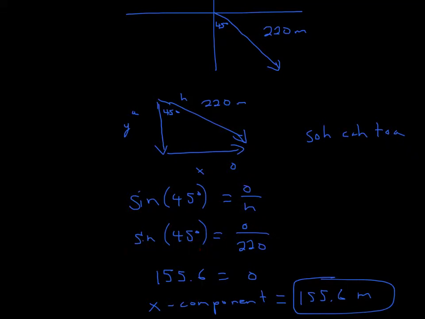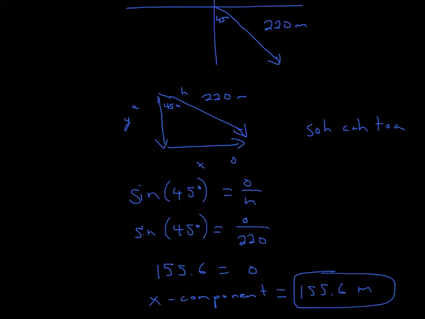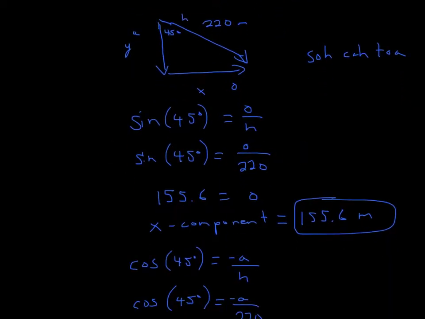So sine 45 equals, and then just plug in the given information, 220, and multiply each side by 220. You get 155.6. And now go back and make sure you know which component it is. Since we were solving for the opposite side, and that side is correlated with the x-axis, it's going to be the x component. So it's going to be 155.6.